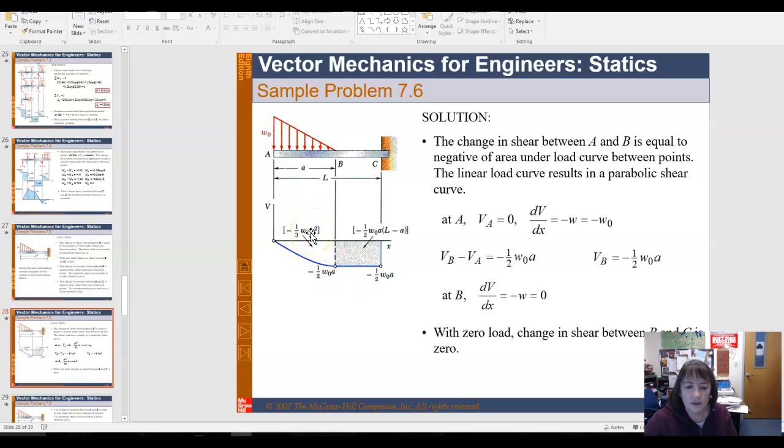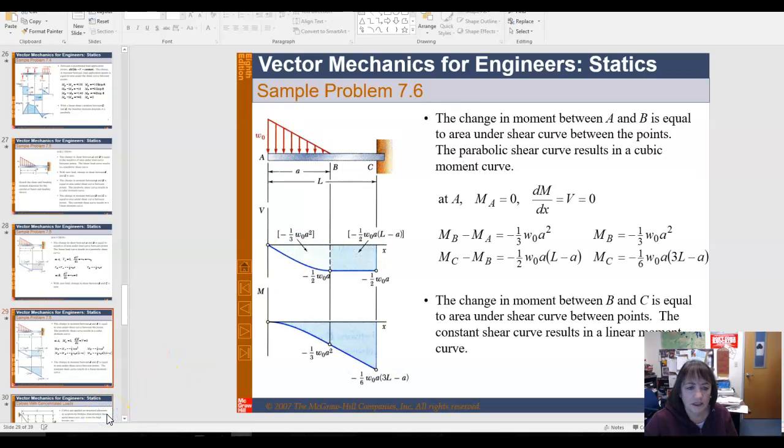You can see that also because when you do the functions, you'll get an x squared term, which indicates that you have not a straight line, but a parabolic function at that point. Then from here to here, since this has a slope of 0, this is going to be a straight line. So for the moment, we can find the beginning and the end point, and we know what the function looks like. Same thing here, beginning and end point, and we know what the function looks like. And between those two things, we are able to determine the load curve, excuse me, the shear curve, and moment curve.